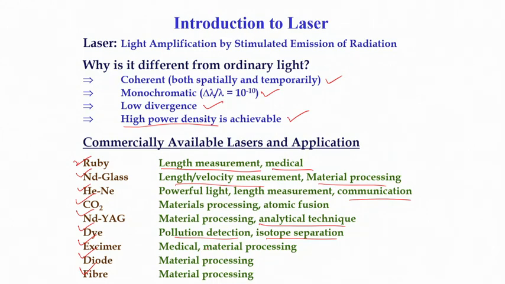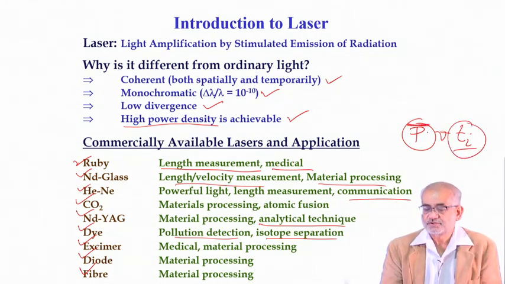There are two key parameters which determine the scope of application: the power density, and the velocity, or essentially the interaction time.